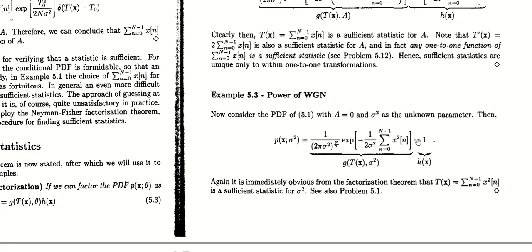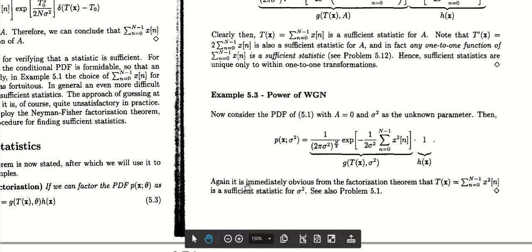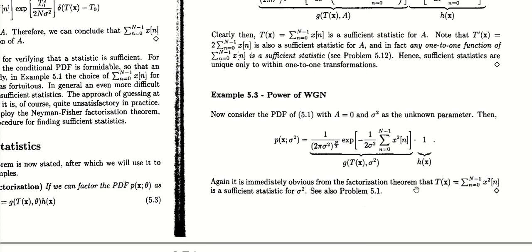And then you can multiply by an arbitrary constant 1, then you get h of x. h of x can be a constant, right? Any function can be a constant. So h of x is a constant 1. That has no problem. So again, it is immediately obvious from the factorization theorem that this T of x is a sufficient statistic for this.